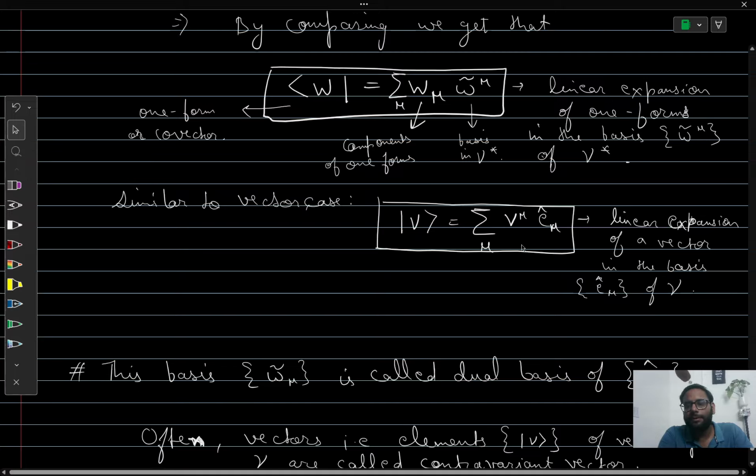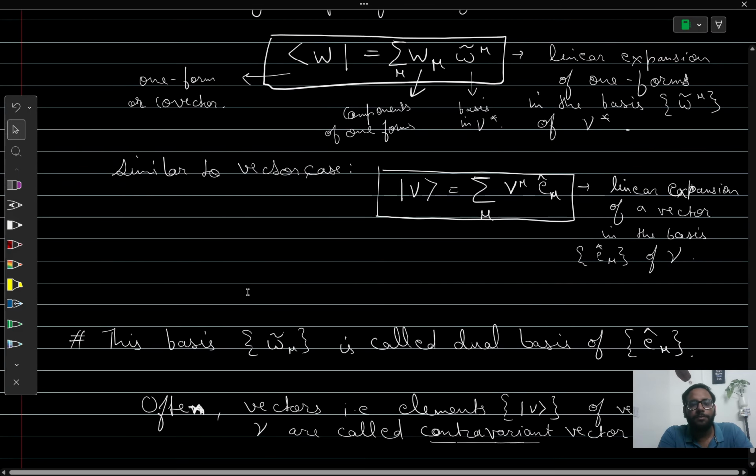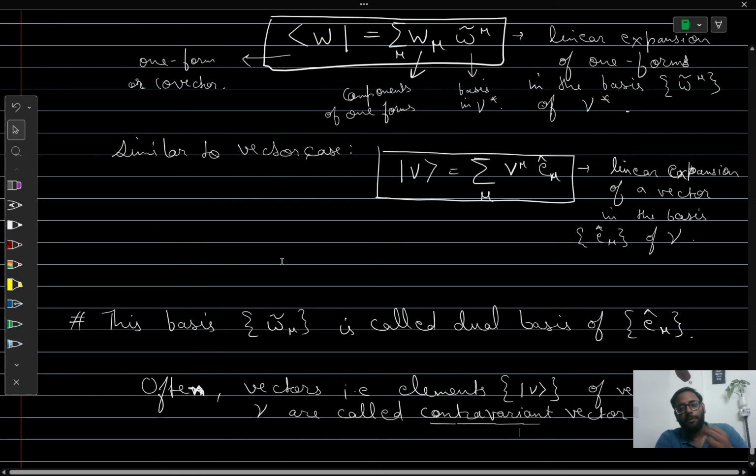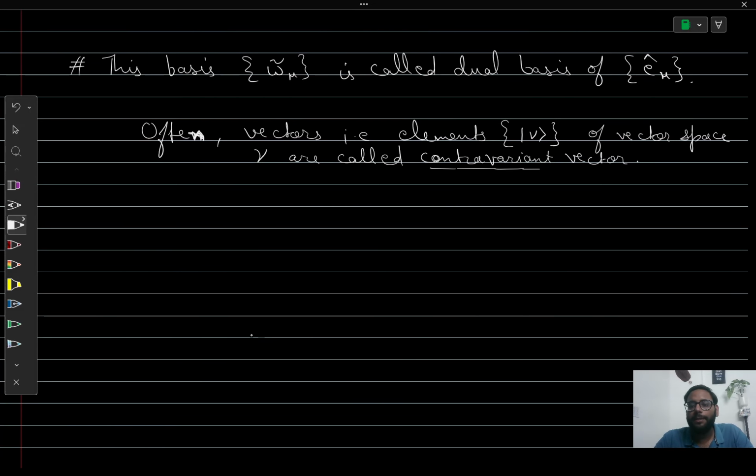You could choose the other convention, writing the components with upper indices and the basis with lower indices, but you would have to change it here also, because they transform oppositely, as they live in different spaces and transform in different senses. We can see an example in the next class maybe.